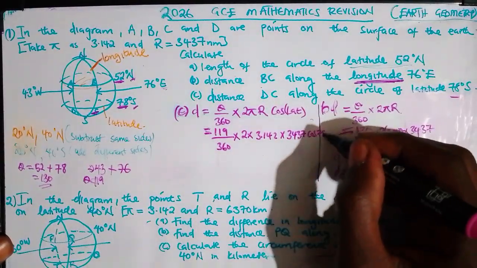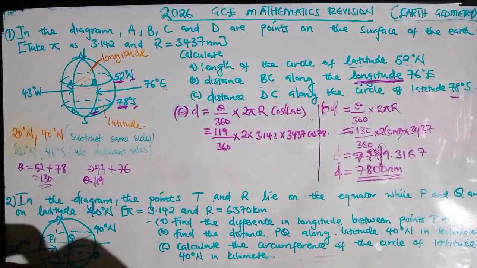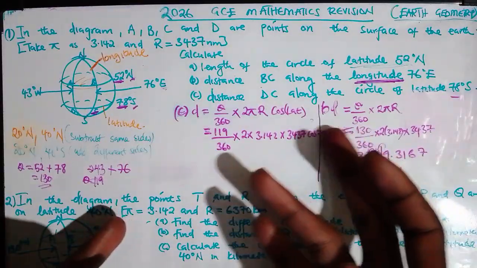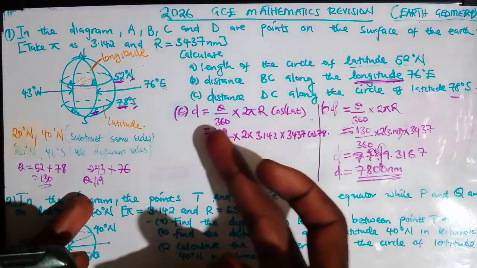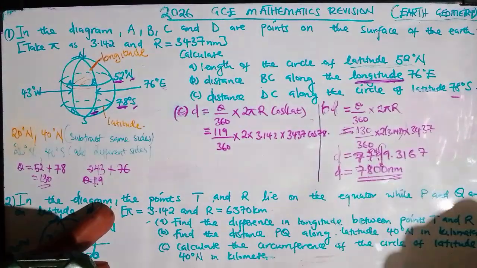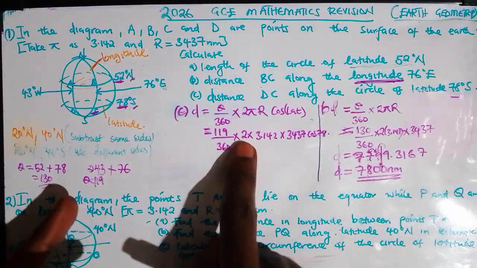Remember, whenever you have cos, always aim to start from cos. Don't start from the other side. Start from cos. You punch cos, then equals, then you multiply, and you multiply.